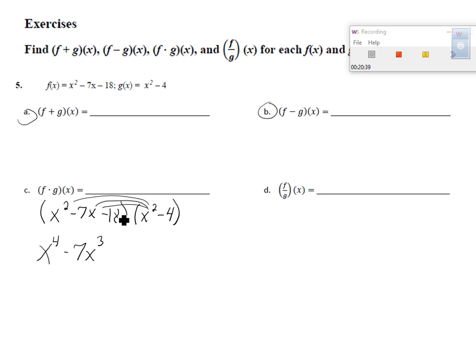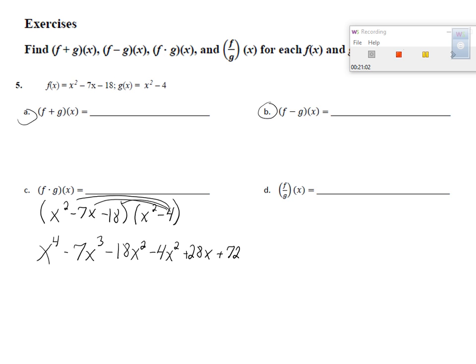And I've got x squared times negative 18 is negative 18x squared. So there's my first part of it. Now I've got to come back and do the negative 4. So negative 4 times x squared is negative 4x squared, plus 28x, plus 72.